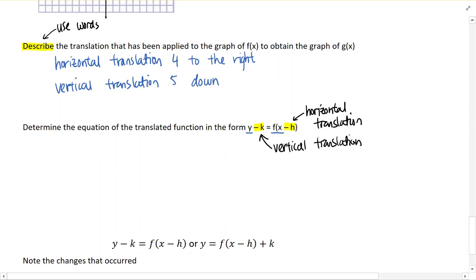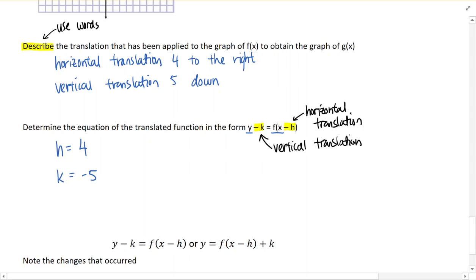We just need to put it in a number form. So horizontal translation, according to what we found, h is equal to 4 to the right, so that's a positive 4. K, which is vertical translation, is 5 down, so that's a negative 5.